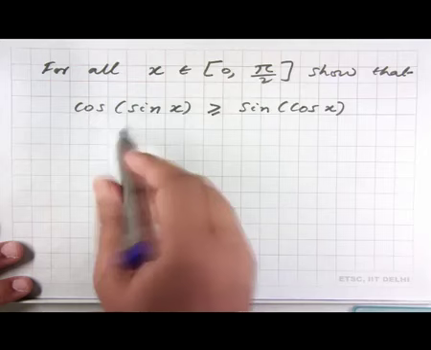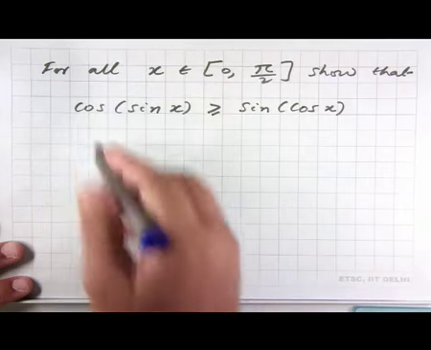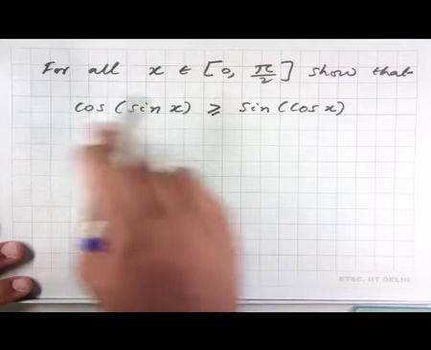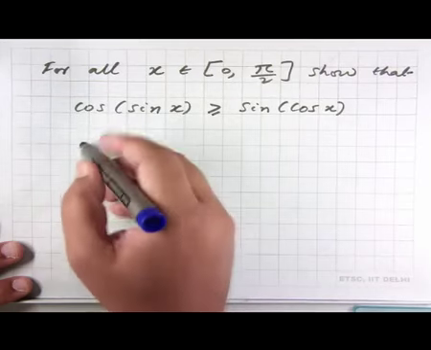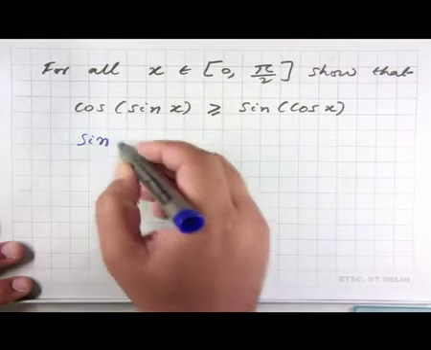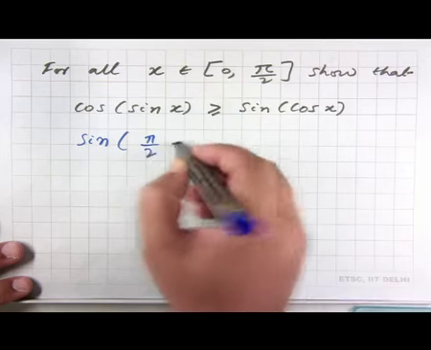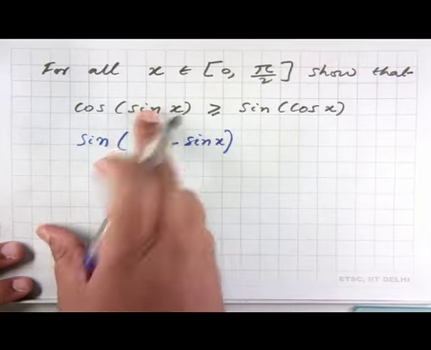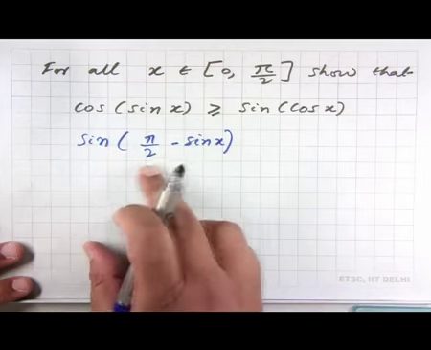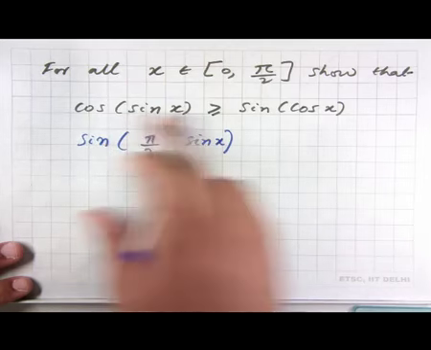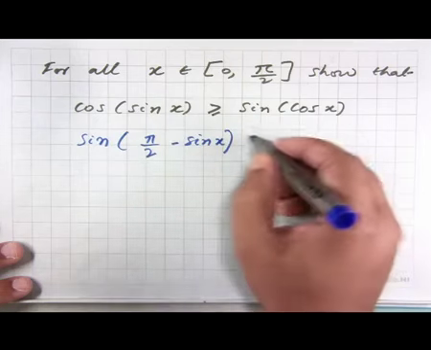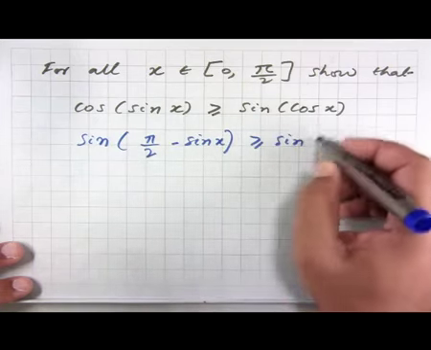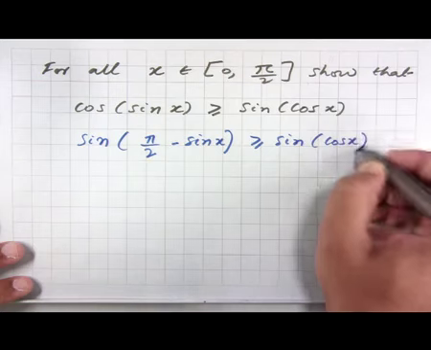So, we can start with sine. This term on the left hand side can be written as sine of pi by 2 minus sine x, because cos theta is equal to sine of pi by 2 minus theta. So, if you want to show this, it is equivalent to show that this is greater than or equal to sine of cos x.